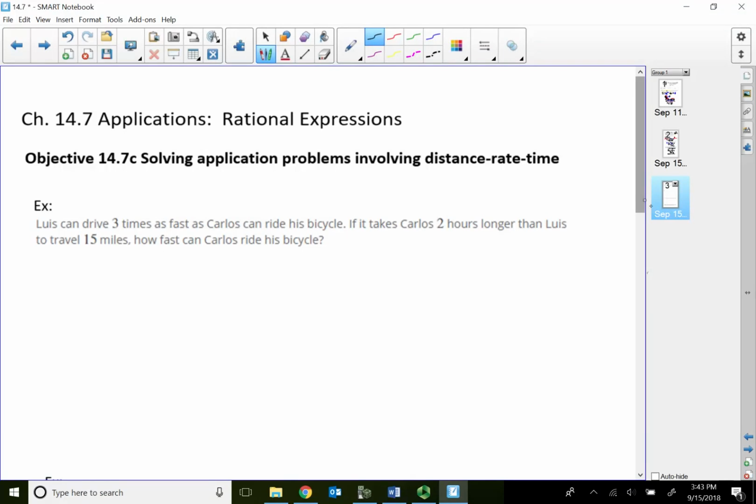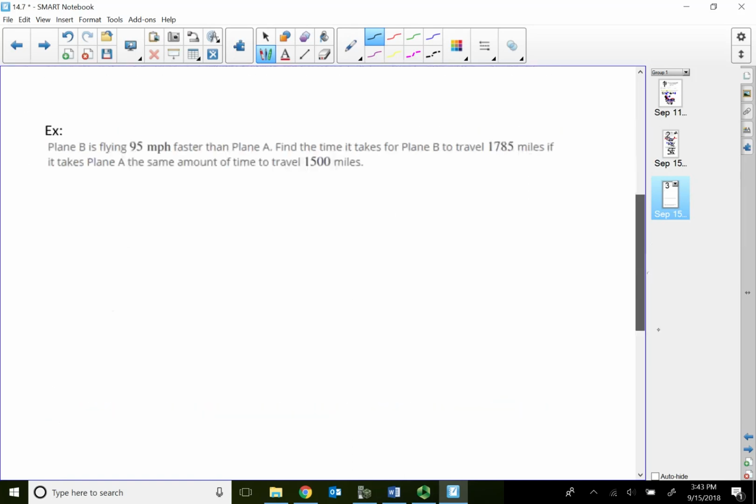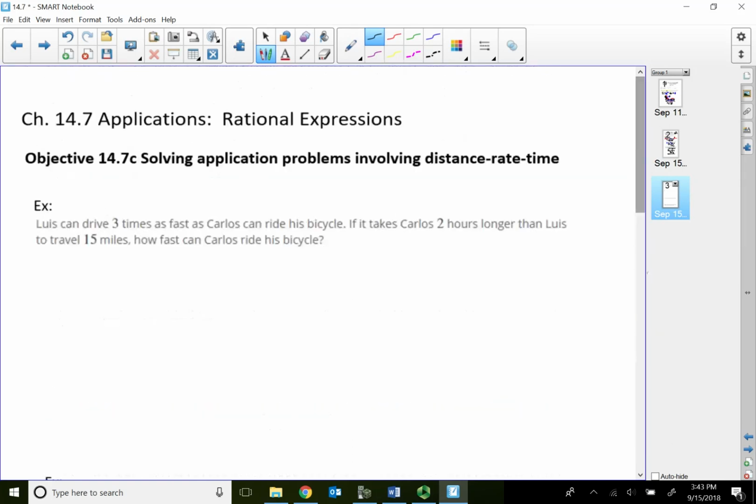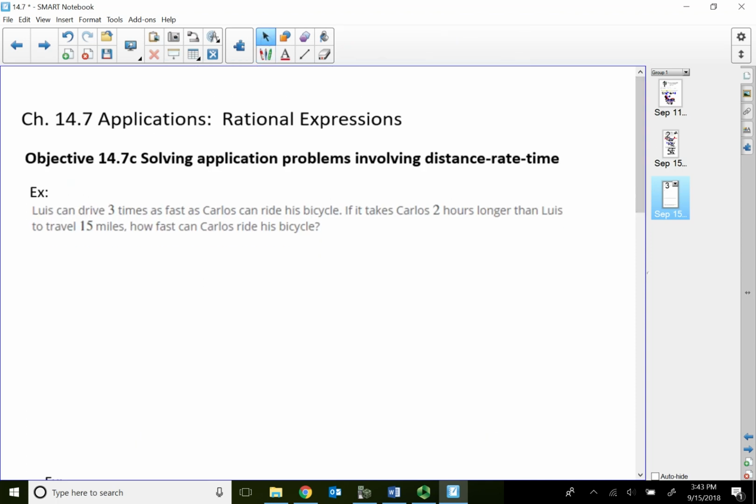Even though we already did distance, rate, and time problems in other modules, some of these four examples are worded slightly differently than the ones we did, so that creates a different set of equations here. Some of the techniques we used before can still be used. All right, so let's check out these problems.